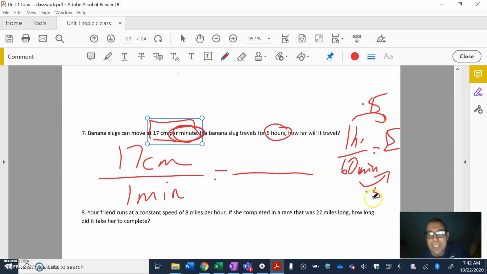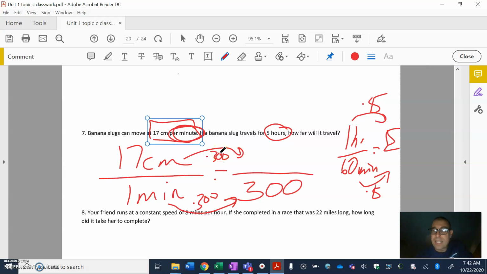Again, you didn't have to set up a ratio for that, but if you would like to, you certainly can. 60 times 5 is 300, so it's 300 minutes. Now you can see that you are going to multiply by 300, and away you go. Keep in mind, they're asking how far, so all they want is the distance. Eventually your answer will just be right there. I'll let you finish that one off.